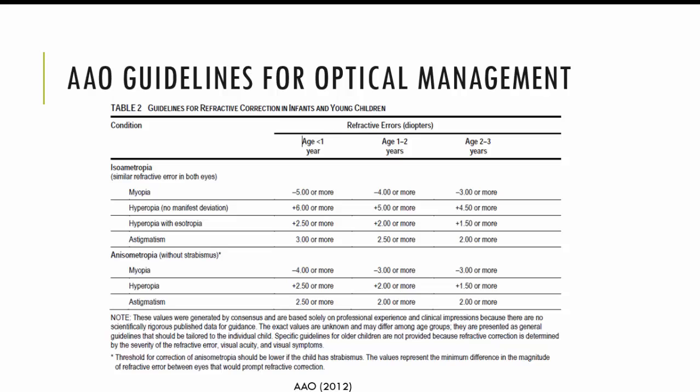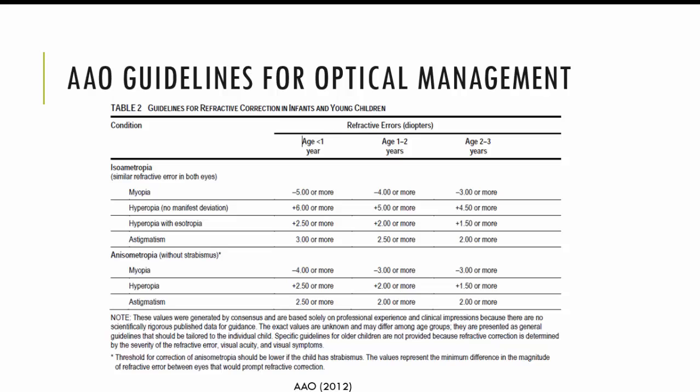These AAO guidelines are actually based on a consensus between a number of ophthalmologists, and I believe it was something like about 8 ophthalmologists that came up with these guidelines in America. So you can imagine that between orthoptists and ophthalmologists managing refractive errors, it will vary between individuals. And not everyone will follow these guidelines and will have their own principles that they work from based on their training and based on their experience of managing patients.